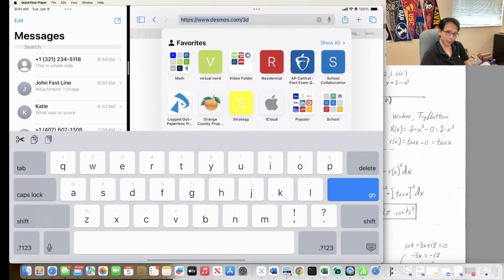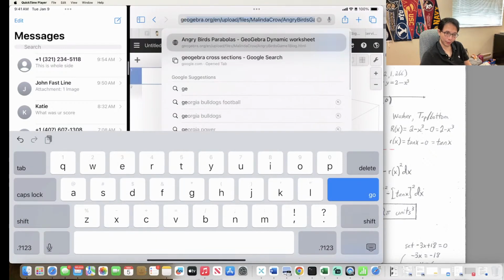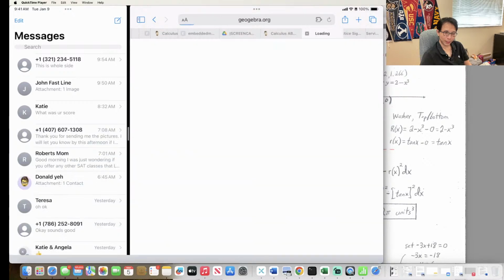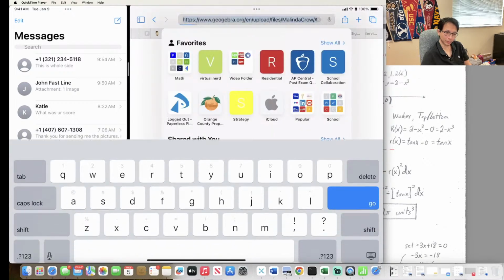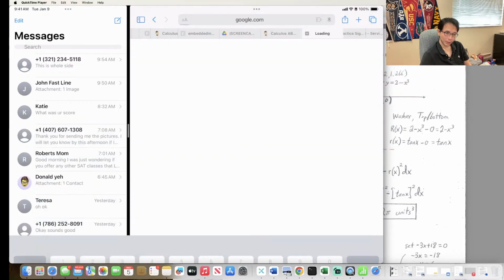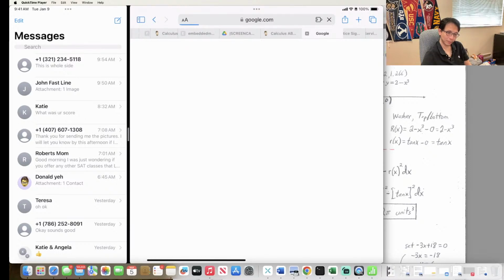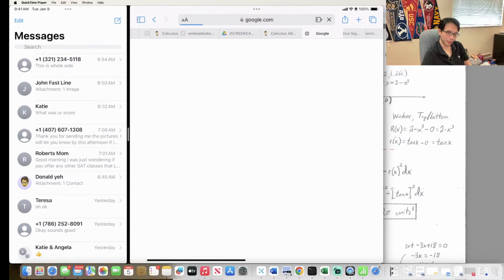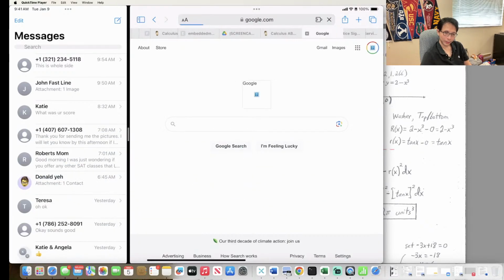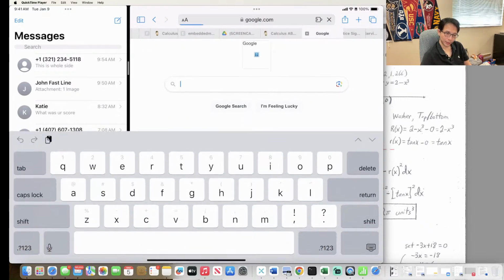You guys can search this on your phone too, because then you can copy this link into WhatsApp. If somebody can do that for me, it'll be awesome. So use Google to search this. Wait, hold on, why is it not working? Okay, yeah, it's working. GeoGebra. I don't know if you remember, back in the day teachers used GeoGebra.